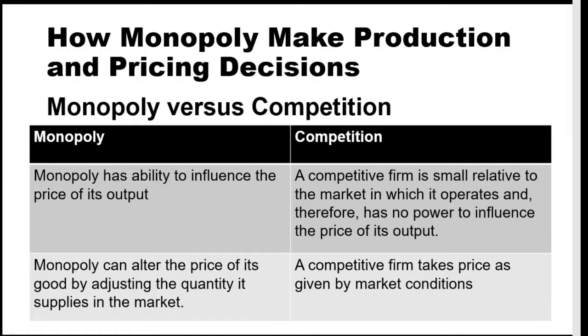Pwede rin niyang i-change by adjusting the quantity that it supplies in the market. Whereas in competition, the firms are relatively small, so they don't have much power and they take the price. So they are price takers. So that's for a competition. And so monopoly here is a price maker. It can set the price.